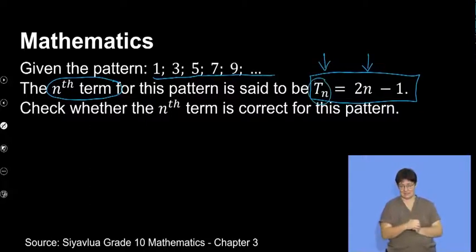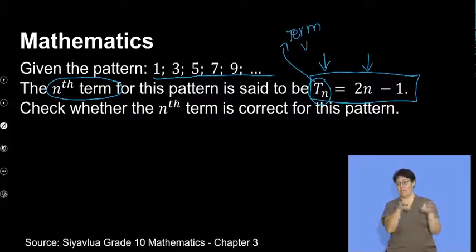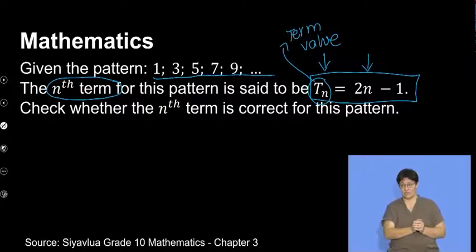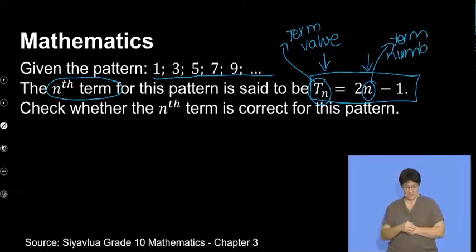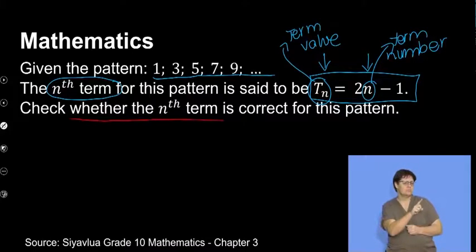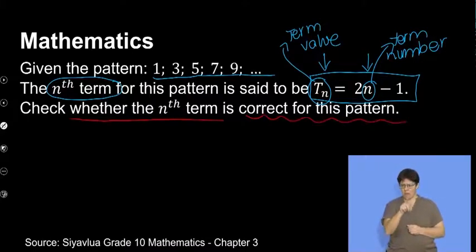Just a reminder, Tn is the term value and n is the term number. The question has asked us to check whether the nth term is correct for this pattern.